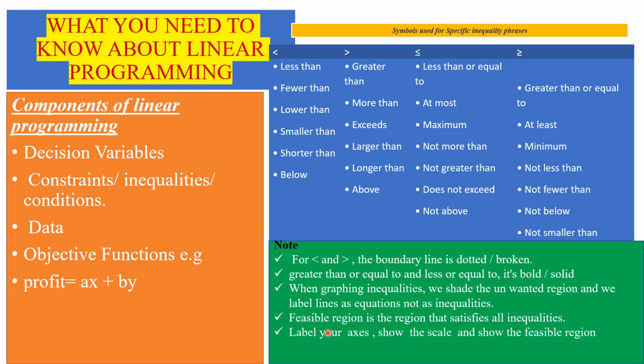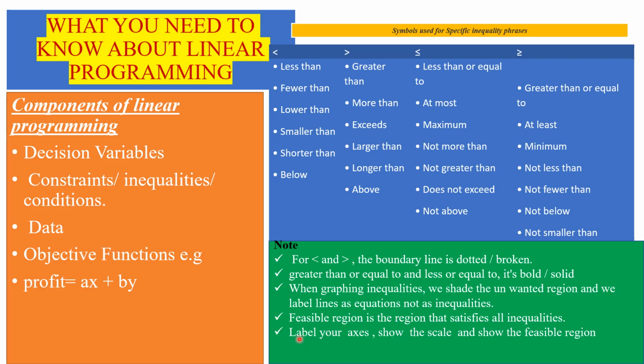Also, you need to label your axes. If you have defined your variables, let x be the number of trips made by the lorry, and y be the number of trips made by the pickup, please put trips made by the lorry on the x-axis, and trips made by the pickup on the vertical axis.